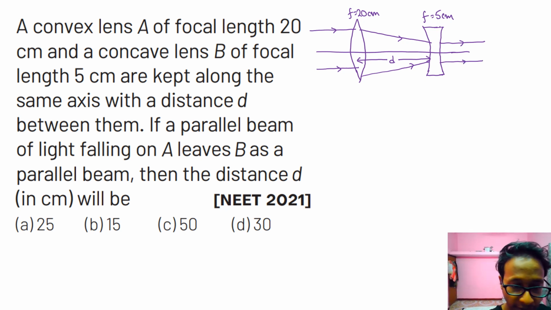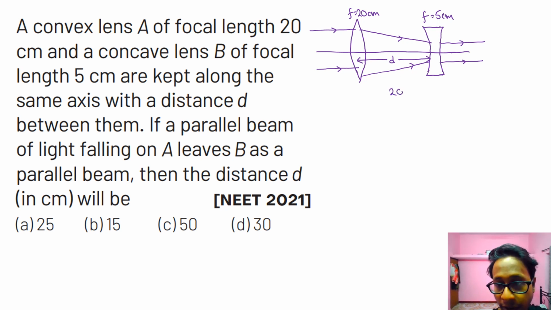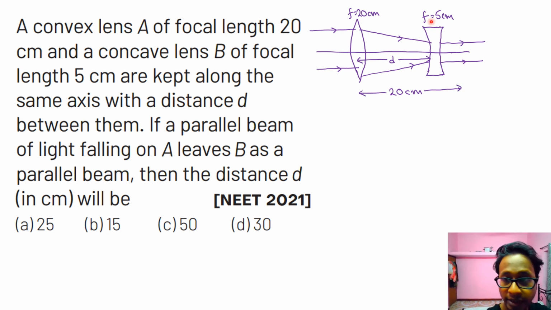So see this lens. If this lens was not there, where would the ray converge? The ray would converge at 20 centimeter. Now see this lens.